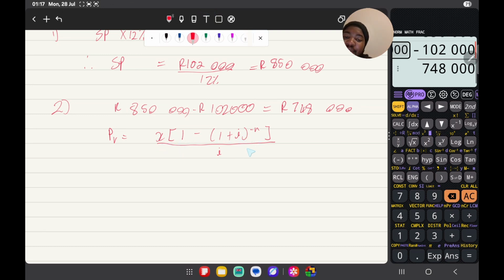So to make x the subject of the formula, we will be multiplying both sides by i, and then by 1 minus (1 plus i) to the power of minus n, right?